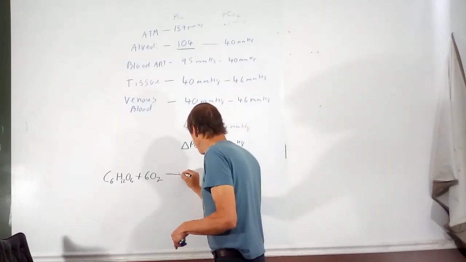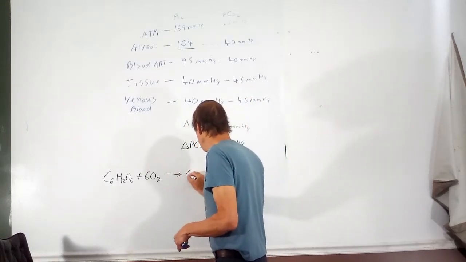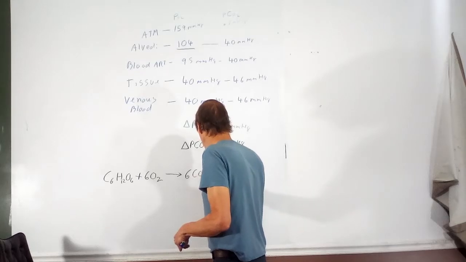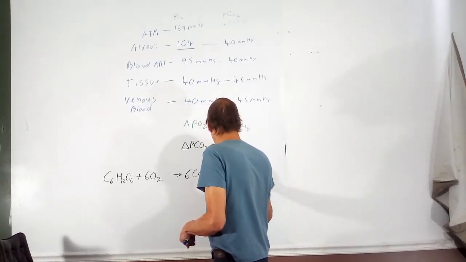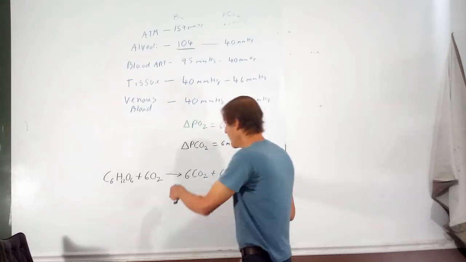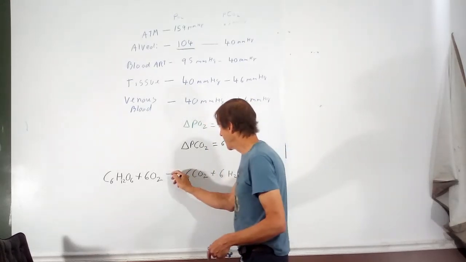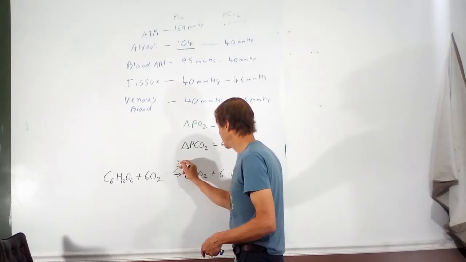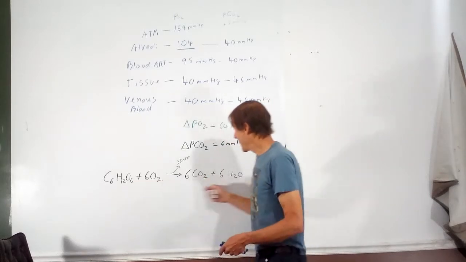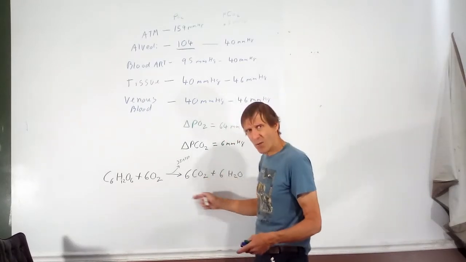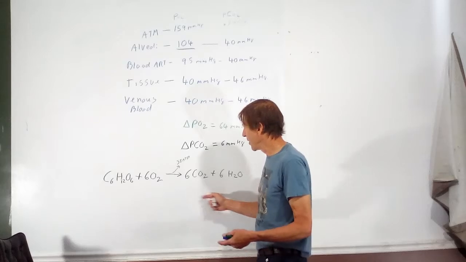That is going to end up producing 6CO2 plus 6H2O. That was our net equation for cell respiration. And of course, we ended up using that energy to assemble like 38 ATP, something like that, depending on how you do your bookkeeping. But that's kind of our overall net equation for cell respiration.